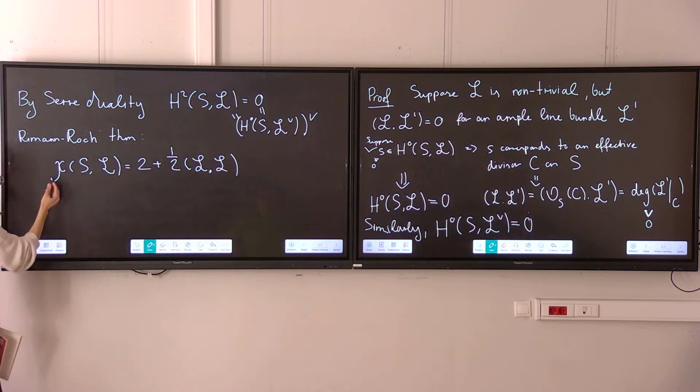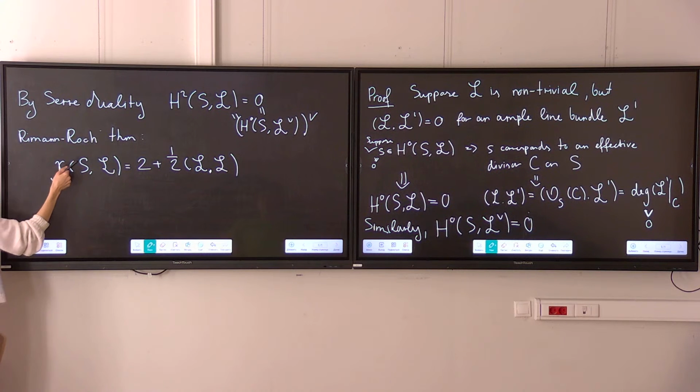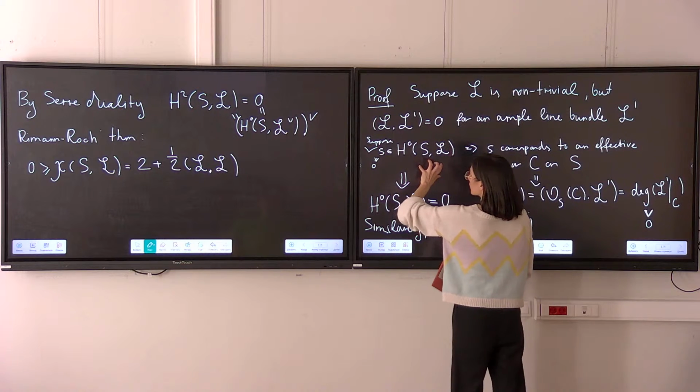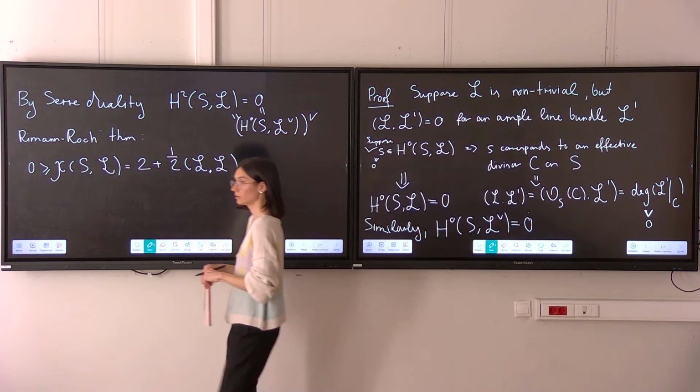And now what do we know about this Euler characteristic from all these computations? We know that H⁰ is 0 and H² is 0.